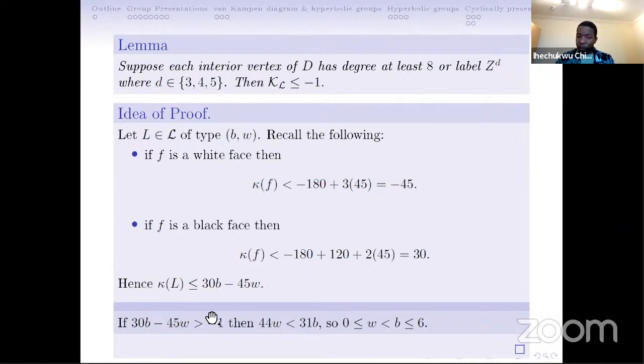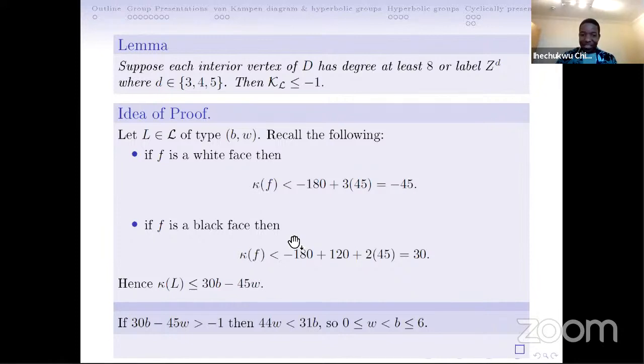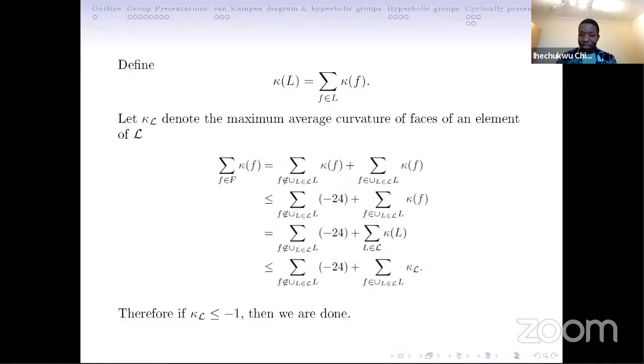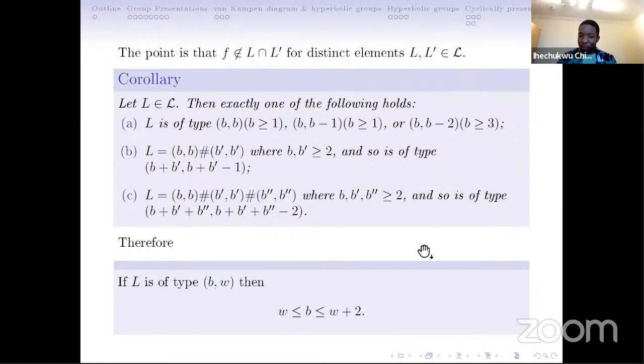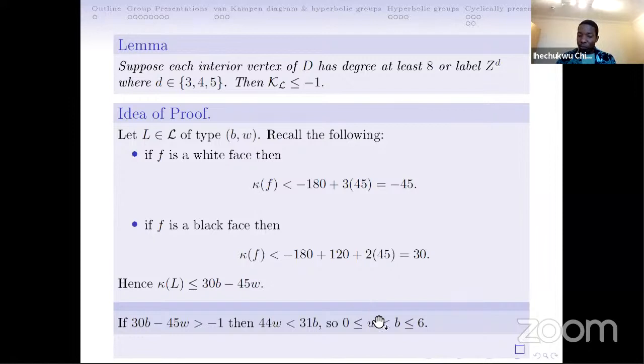And then there's a condition that the number of black faces is at most 2 more than the number of white faces. If you use that condition, you have that the number of black faces will be at least 6.